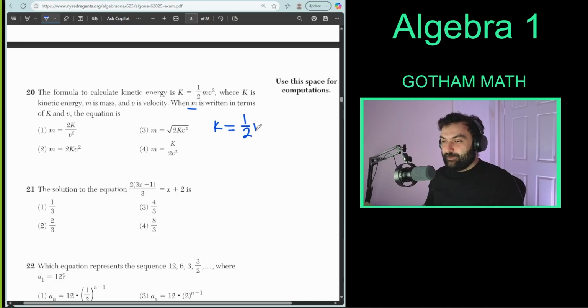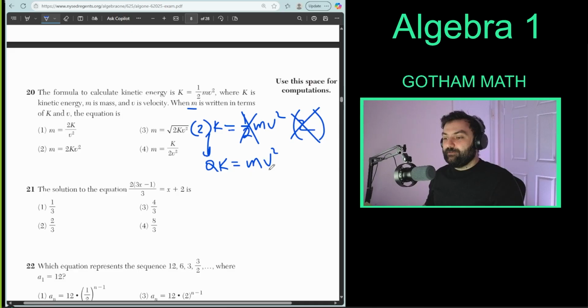All right, so 1 over 2 m v squared. So first thing, the first thing that I'm going to kill is 1 over 2. What I'm going to do, I'm going to multiply both sides of the equation by 2. So that happens. And now over here, I'm going to have 2k. 2k equals mv squared.